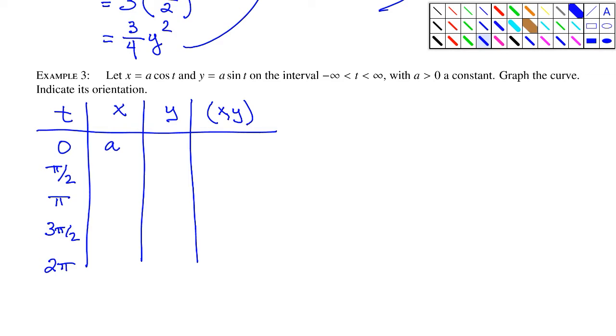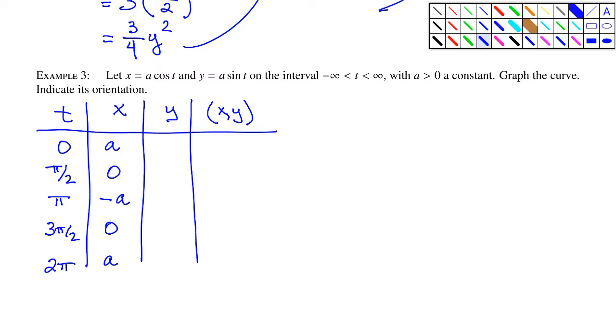Next, a cosine of pi over 2 is 0. A times the cosine of pi is negative a. 3 pi over 2 gives us a times the cosine of 3 pi over 2, that's 0. And a cosine of 2 pi, we're back to the beginning, and that's an a again.